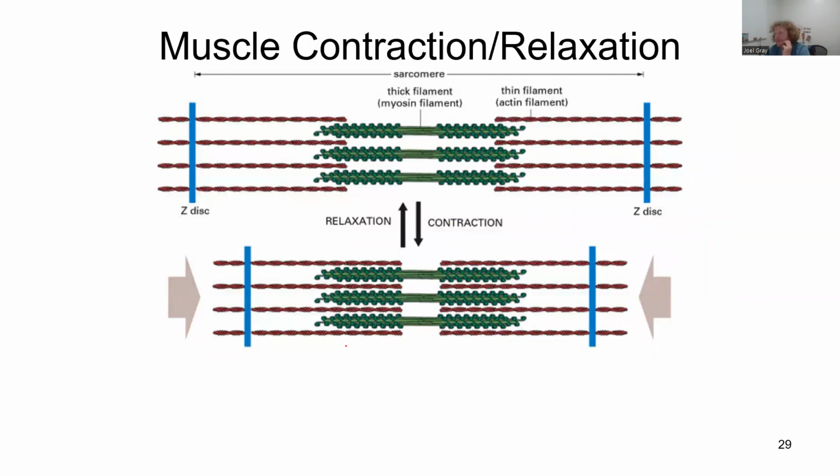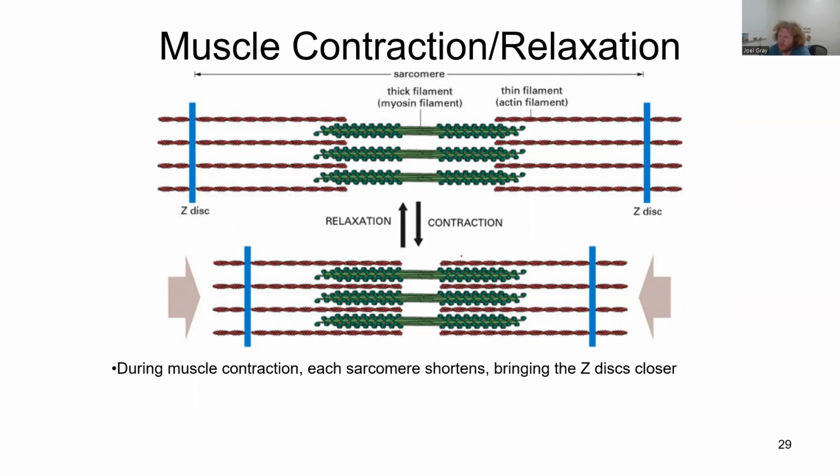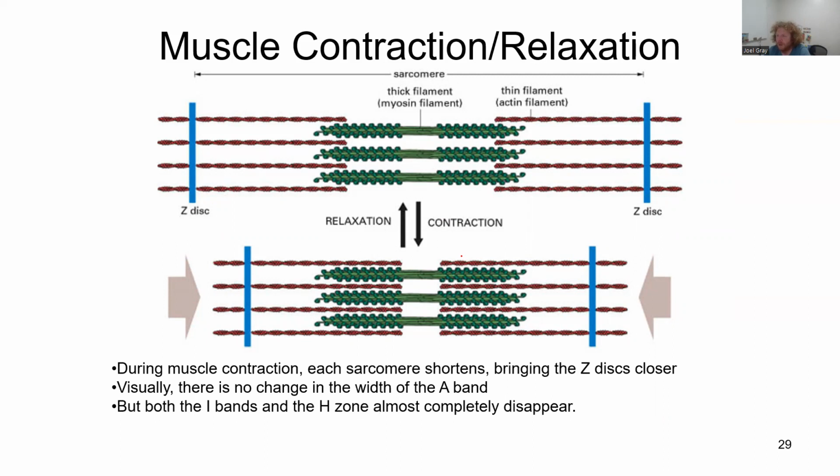Now, what's happening there is we're having a transition from relaxation of a muscle to contraction of a muscle. And what we're observing is these two Z discs getting closer to one another. During muscle contraction, each sarcomere is going to shorten, bringing those Z discs closer together. Visually, there's no change in the width of the A band, but both the I bands and the H zone almost completely disappear.